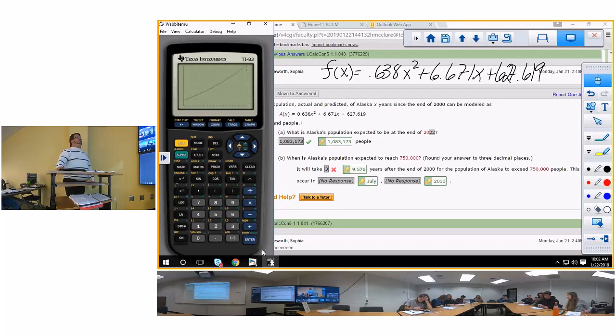I'm going to try to hit trace again, and maybe I need to go to the left a little bit. There's 21.9, so I still need to zoom in, enter, and now I'm going to try to find zoom, trace.